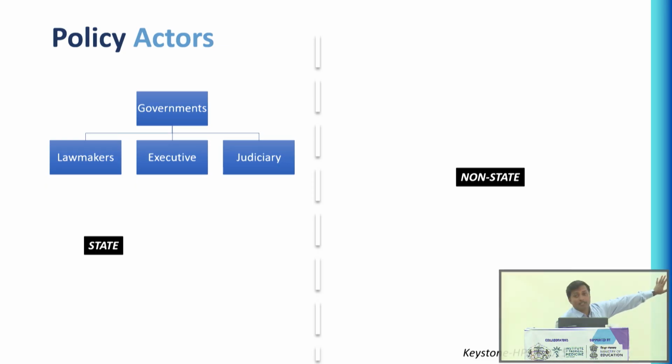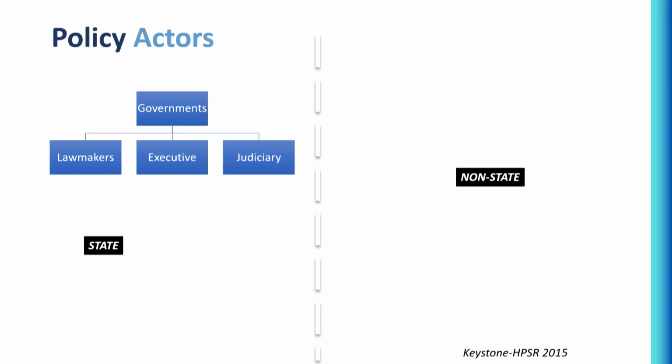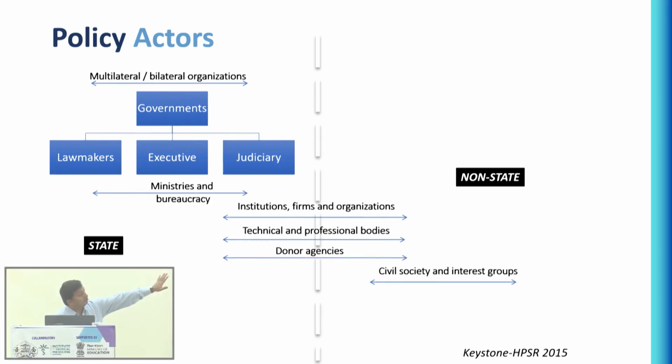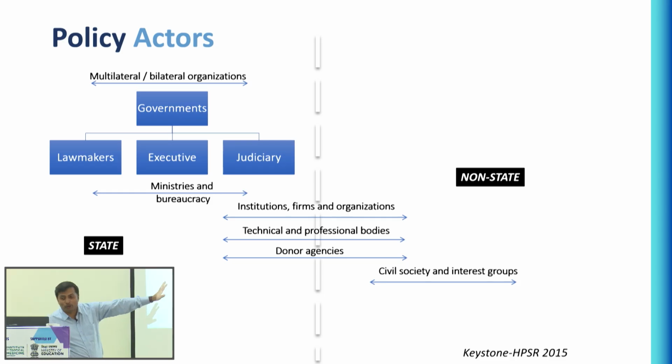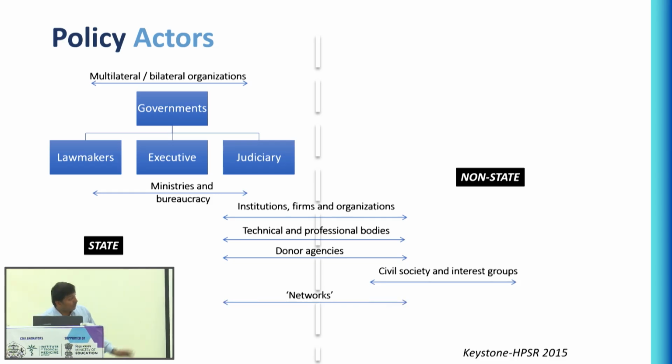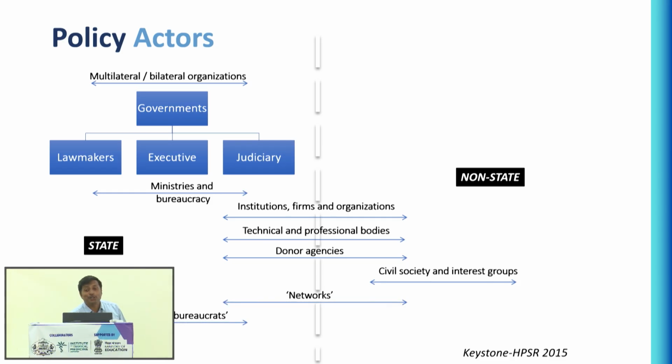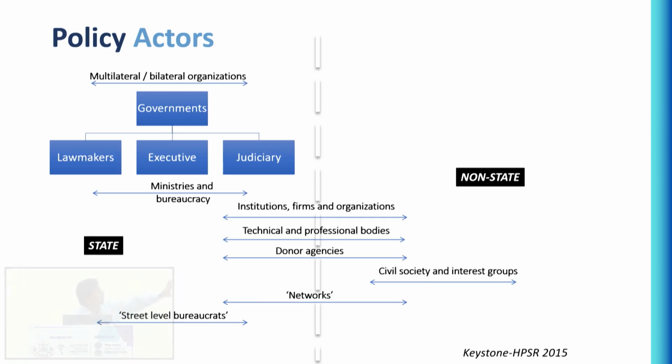So, actors are state-specific actors, ministries and bureaucracy, non-state actors, civil societies, interest groups, actors who may contribute on both sides, networks, and street-level bureaucrats, who fall within the state actors, and they are the ones who are the actual implementers of the policy.